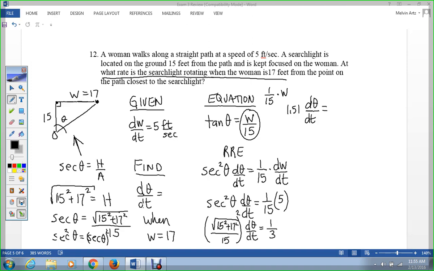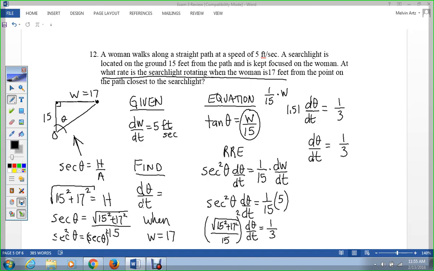And over here we had 0.33. So our d theta dt equals 1/3, and then we're going to divide both sides by our 1.51.